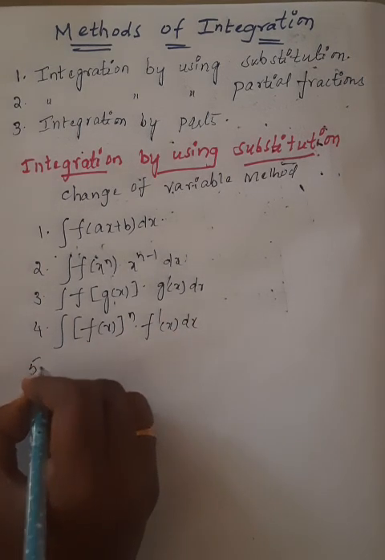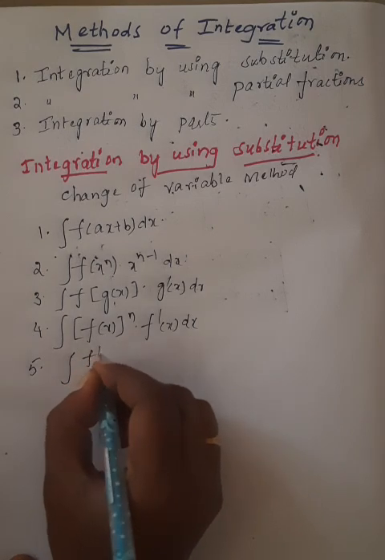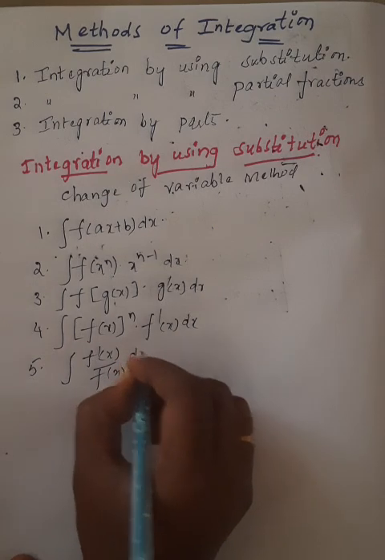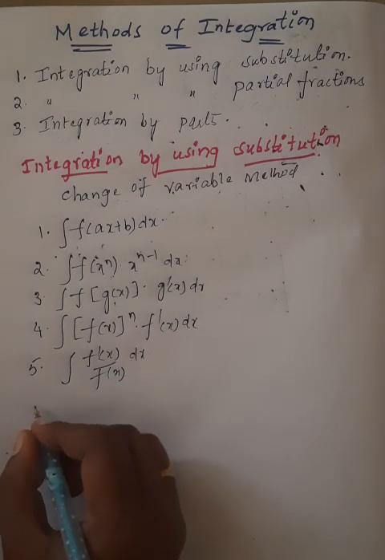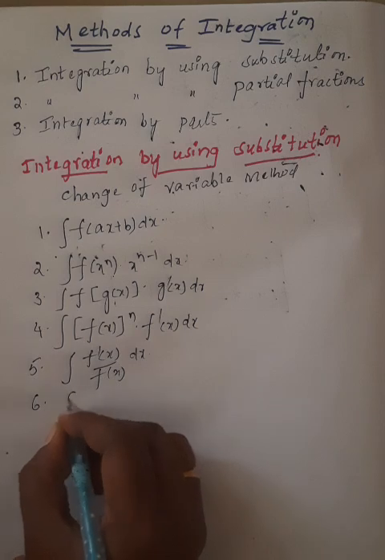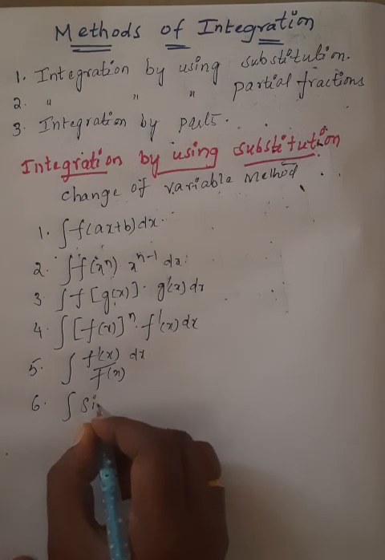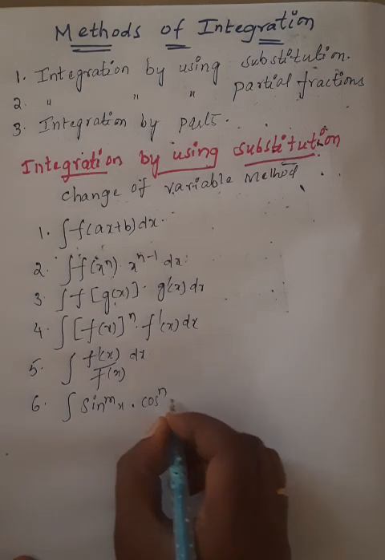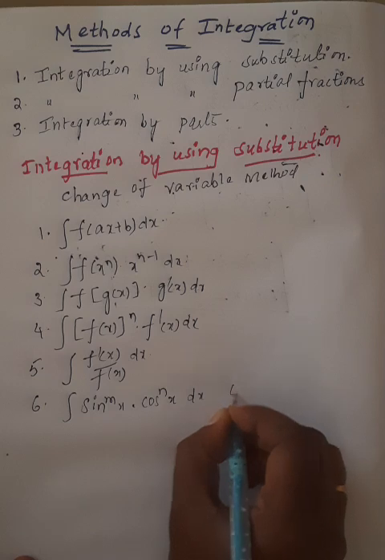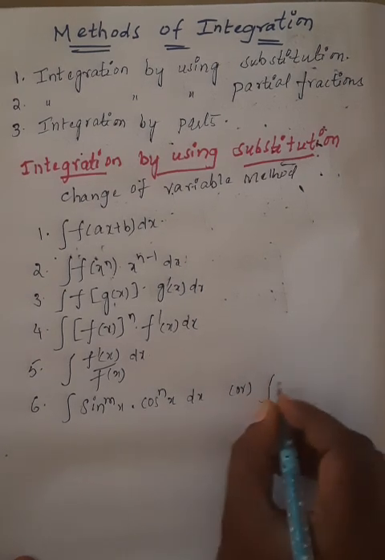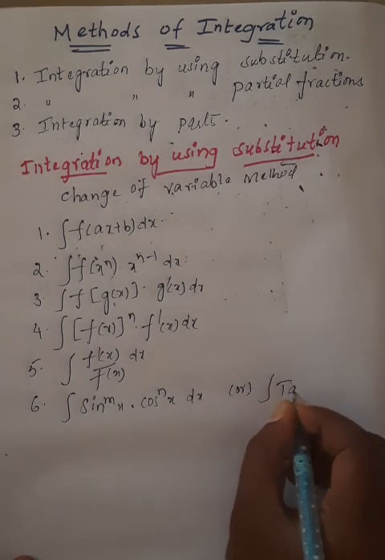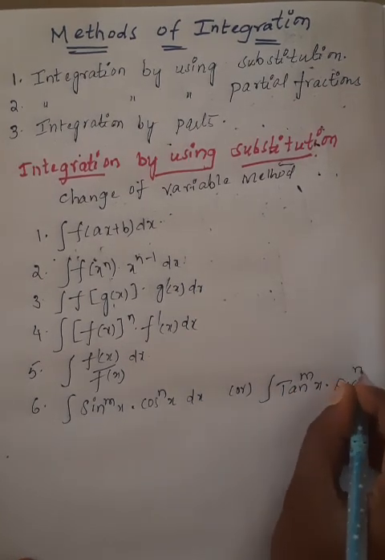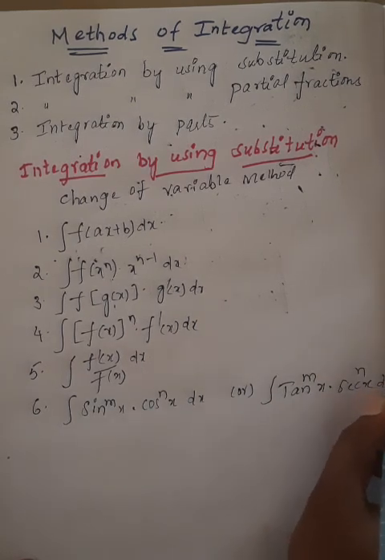Our fifth form is integration of f dash of x by f of x into dx. Our last form, the sixth form, is integration of sine power mx into cos power nx dx, or integration of tan power mx into sec power nx dx.